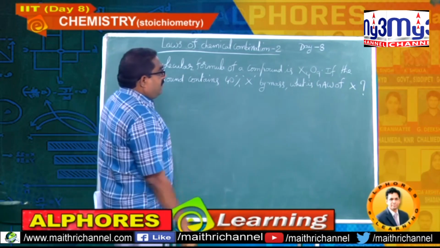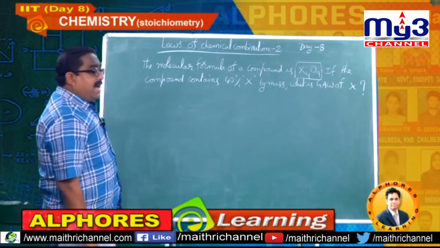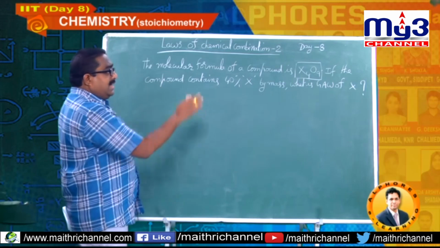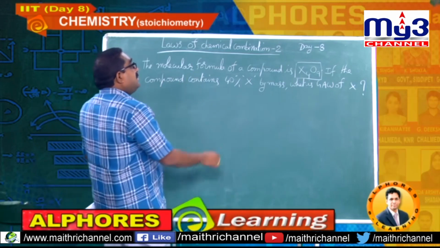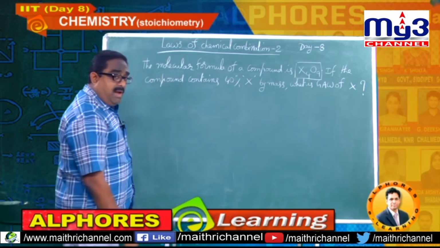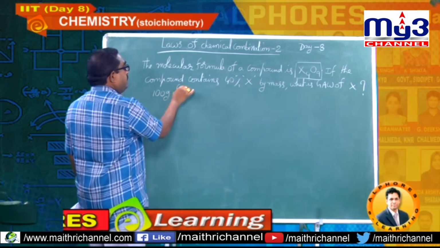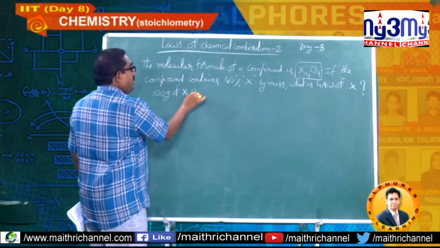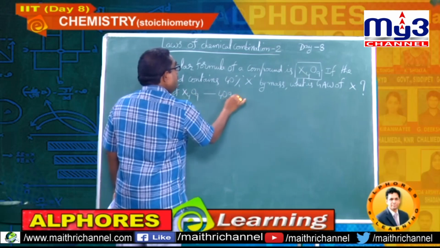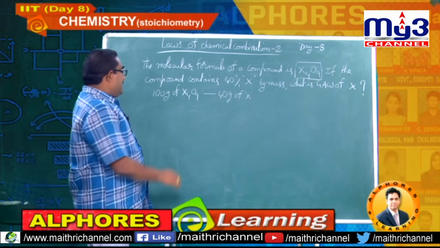This is the formula of the compound given to you, X4O9. In that compound, he is saying that 40 grams of X by mass. It means I can write like this: 100 grams of X4O9 contains 40 grams of X. What about the remaining 60?